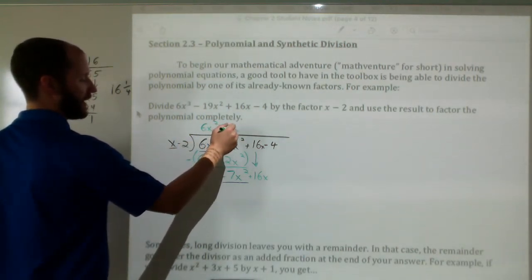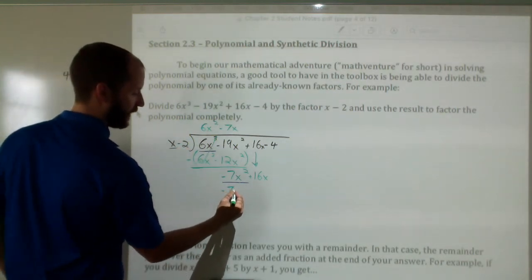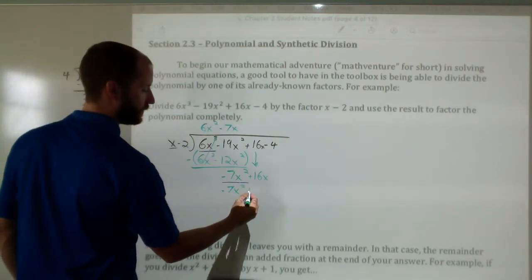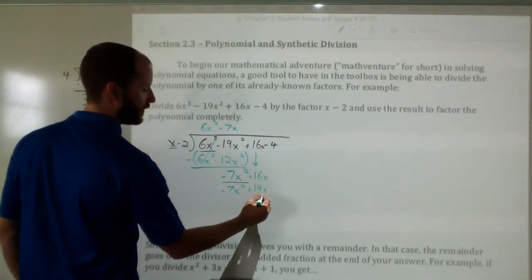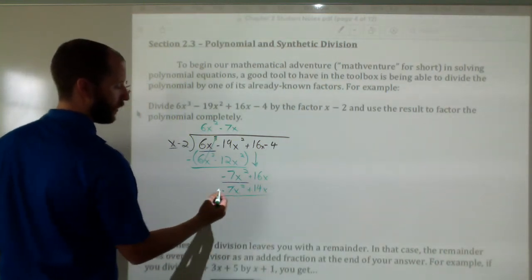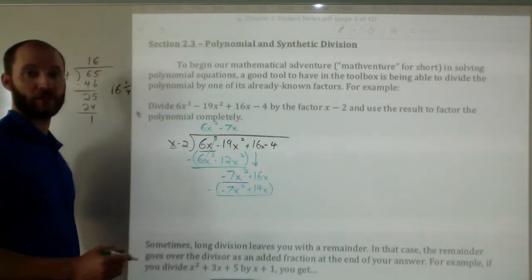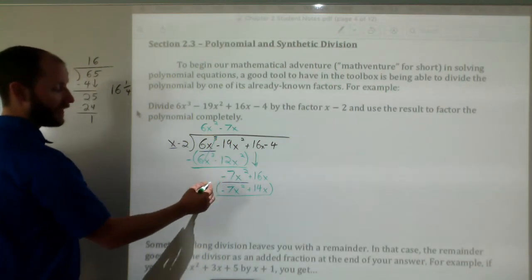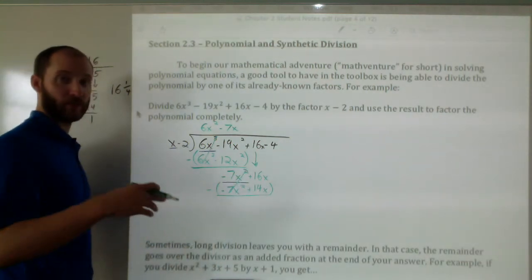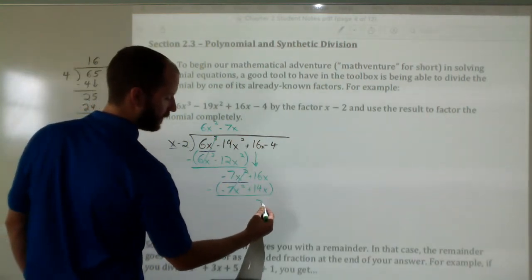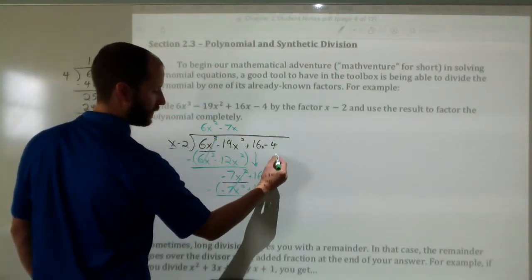So negative 7x times x is negative 7x squared, negative 7x times negative 2 is positive 14x. We're then going to subtract the results. Strongly encourage you to put that in a set of parentheses. So a negative minus a negative, those cancel out. That's what we wanted to happen. 16 minus 14 is 2x.